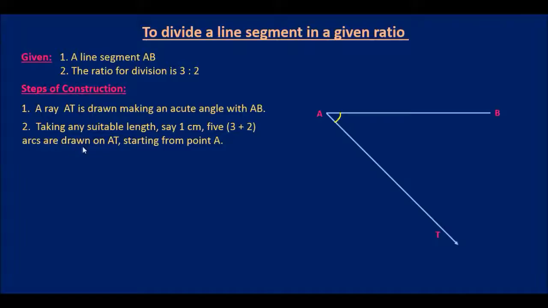5 arcs are drawn on the ray AT starting from point A. So what you have to do is place the compass pointer needle at point A, and with any suitable radius construct 5 arcs on this ray AT.